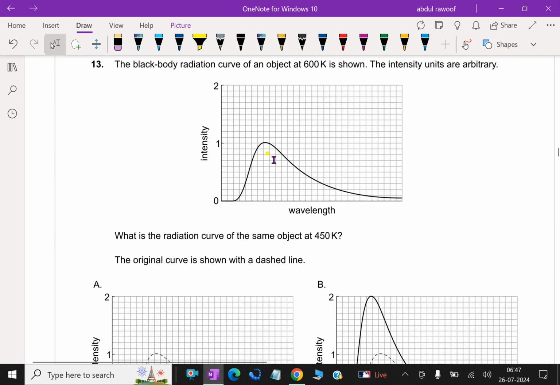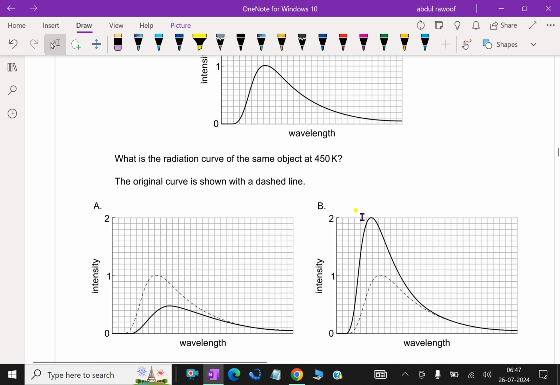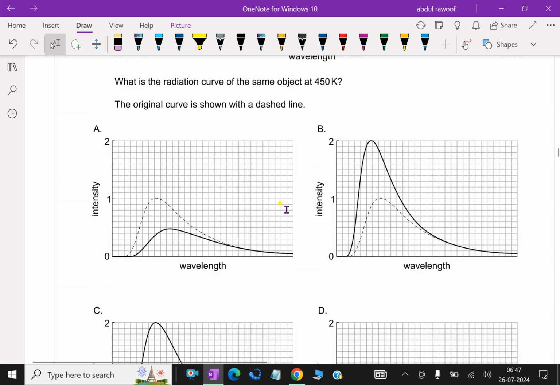Next one, a black body radiation curve of an object at 600 K is shown. The intensity units are arbitrary. What is the radiation curve of the same object for 450 K? The original curve is the dashed line here.